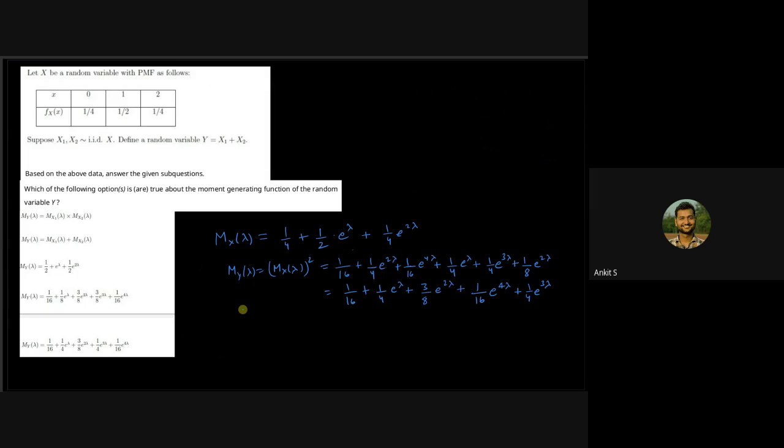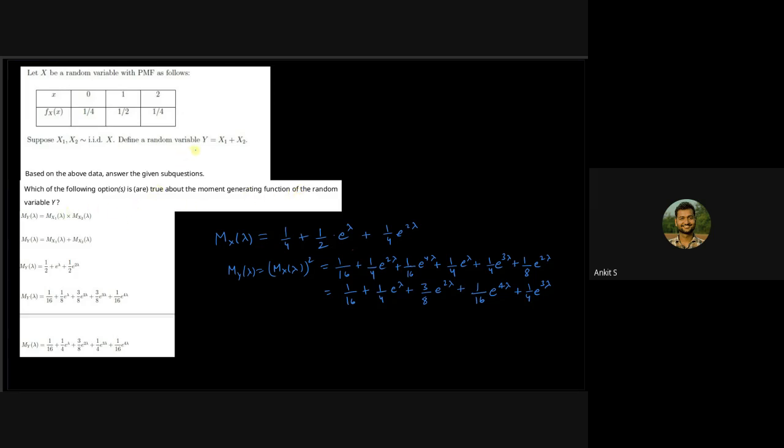Then here I have included one more question related to moment generating functions, because it was also important. It is a very typical use of moment generating functions. You have been given a discrete random variable with a certain PMF, and you have to find the moment generating function of the random variable.